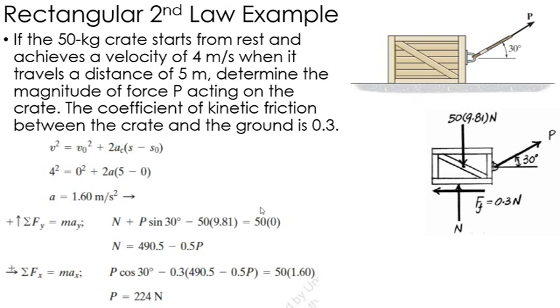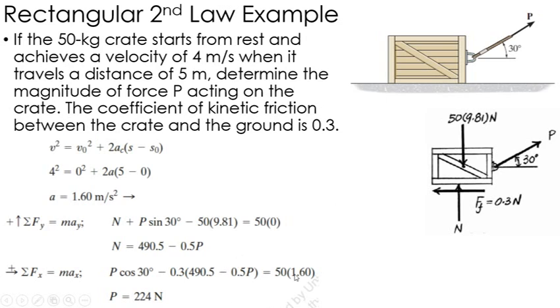Now I can sum the forces in the x direction. So I have P cosine 30, that's the horizontal P, and then I have my negative friction force, which is 0.3 times N. Well, N is 490.5 minus 0.5 P, that's what I put down there. So those are my two forces in the x direction. Again, P cosine 30, friction force going in the opposite direction.